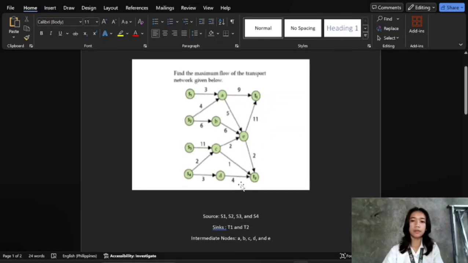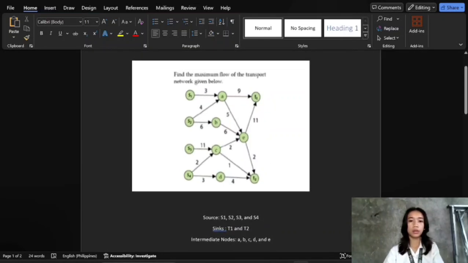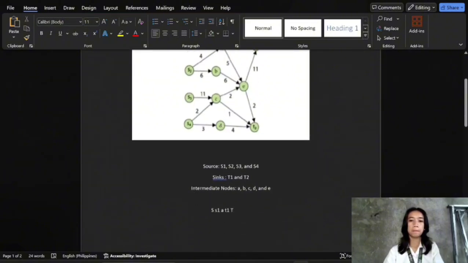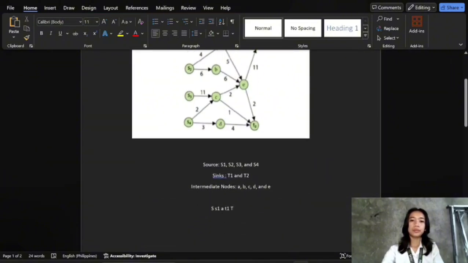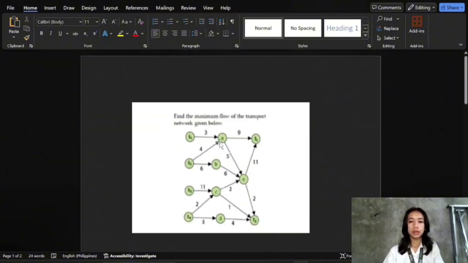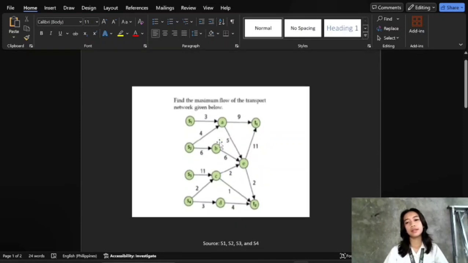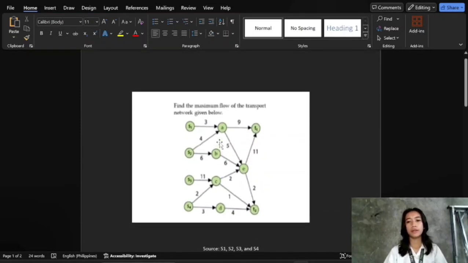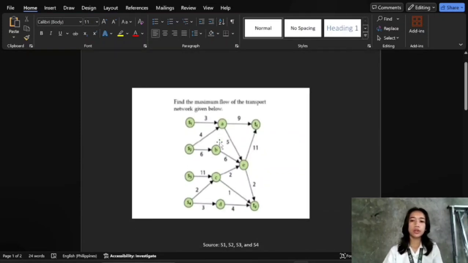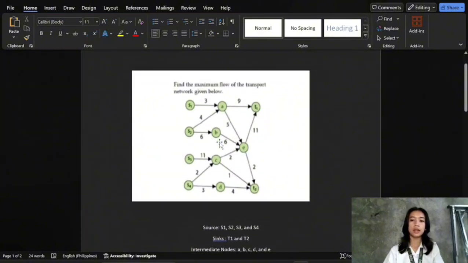Ang maximum flow in the transport network, or in this graph. So this is calculated by augmenting flows from the source until the sink.